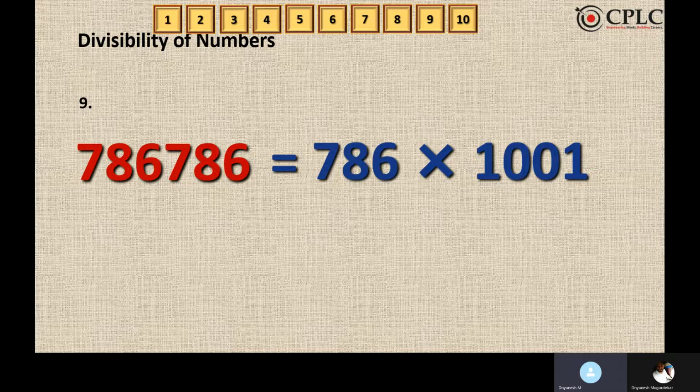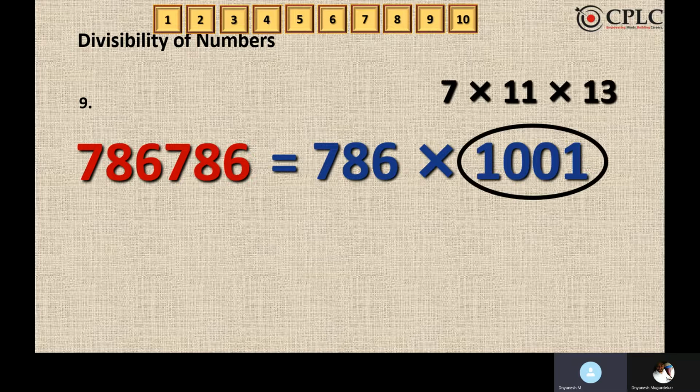So 786,786 is divisible by 786 and 1001, and 1001 is 7, 11, 13. That straight away gives you option 1 as the answer. This is the beauty of knowing such one-of-its-type cases, which will make your life tremendously easier in all these kinds of questions.